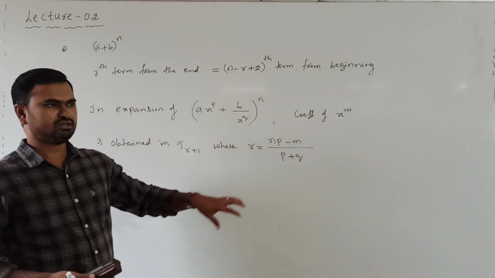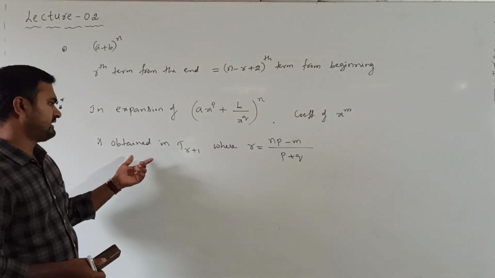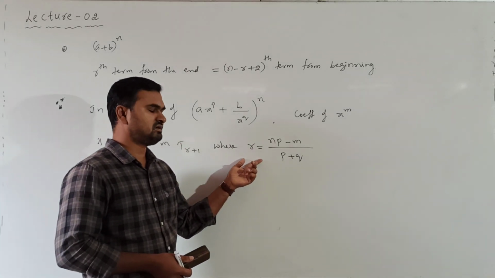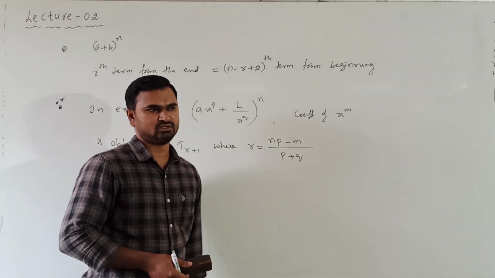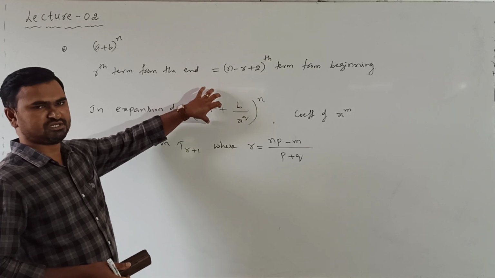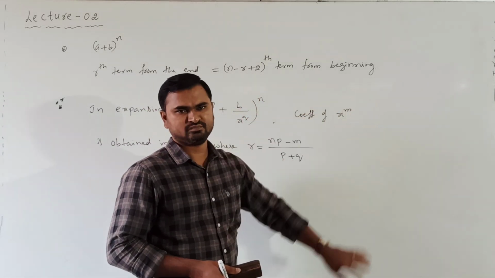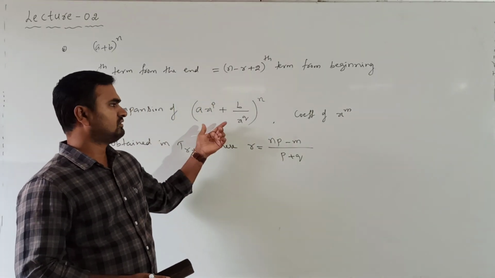If you want to obtain the coefficient of some particular x^m, it can be obtained in the (r+1)th term, where the r value is given by (np - m) divided by (p + q). Suppose we are having some expansion, in that we need the coefficient of some x^5.